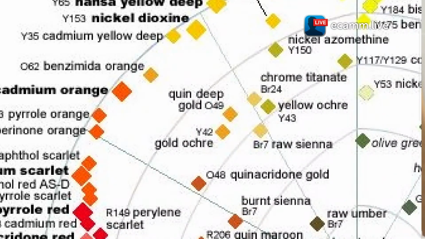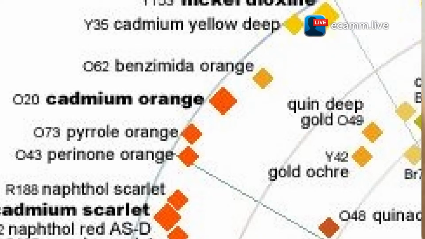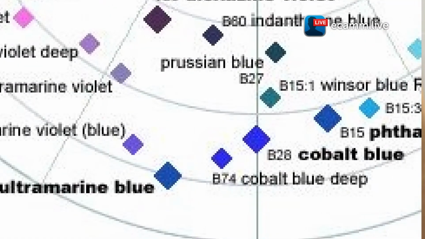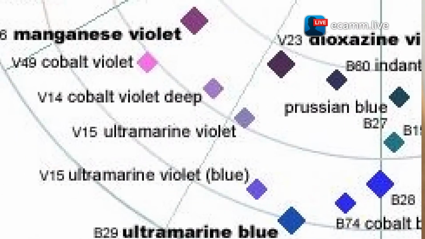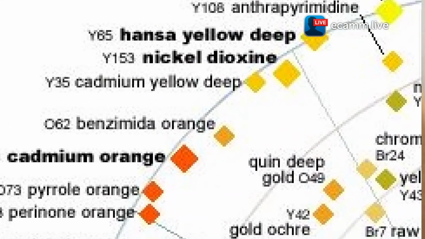So pyrrole orange, for example, is much brighter, it's more colorful, it's more chromatic, it's more vivid than the brightest blue that we can find. In this color chart they say it's ultramarine. That's a bit debatable, but anyway, you got the idea. So pyrrole orange, and look even brighter.